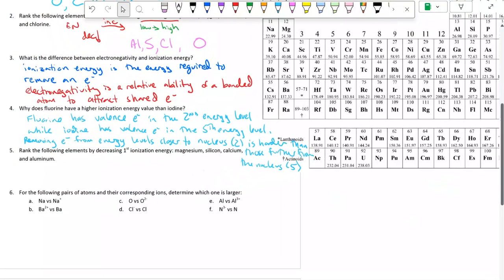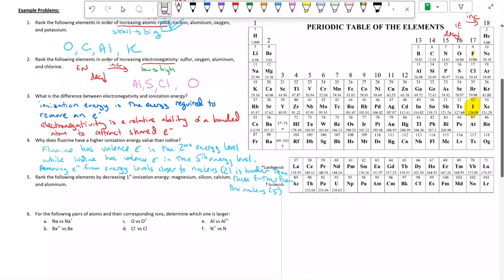Okay, and now 5 is a ranking. So this one has 4 more elements here. Okay, so we're going to look at magnesium, silicon, calcium, and aluminum. And it asks us to rank them by decreasing first ionization energy. So decreasing is big to small.